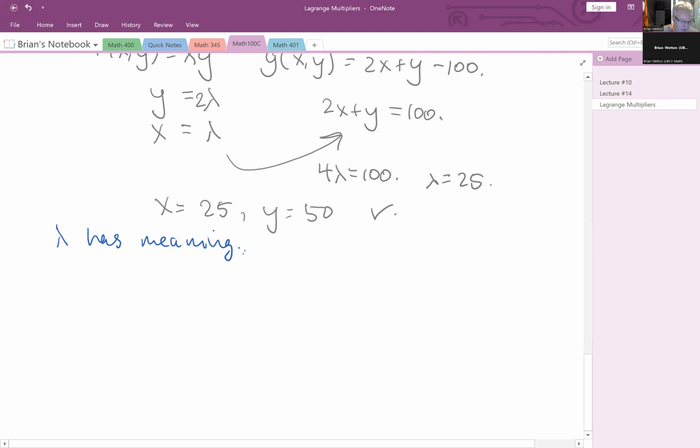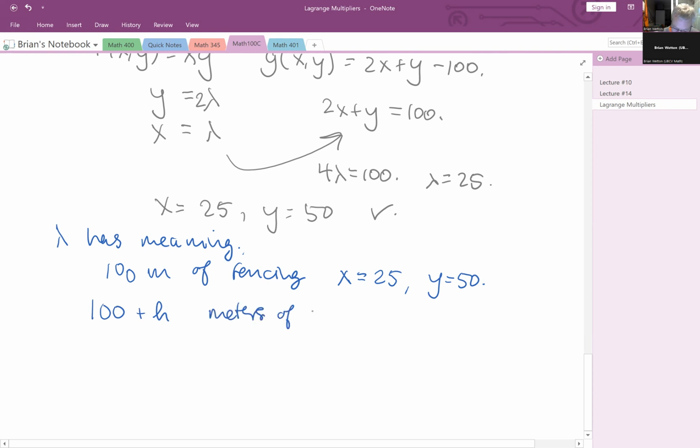We had, with 100 meters of fencing, x is 25 and y was 50. What would happen if we had a little bit more fencing? And as usual, this h is going to be some small number.